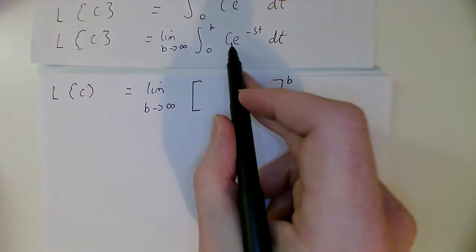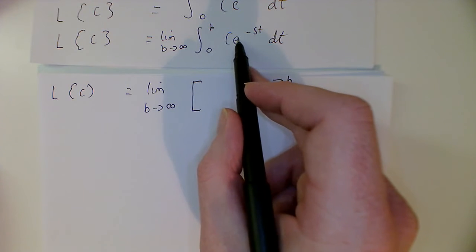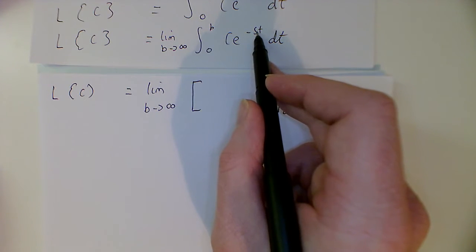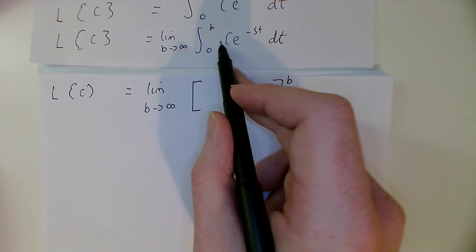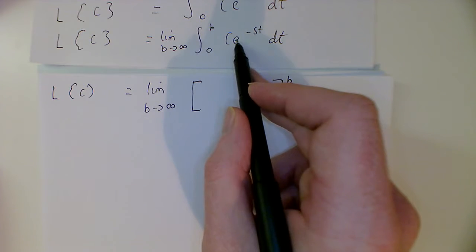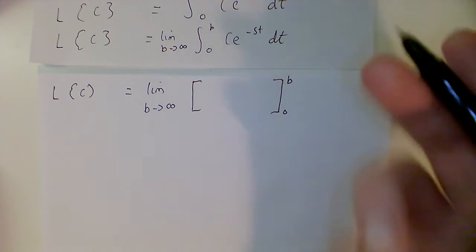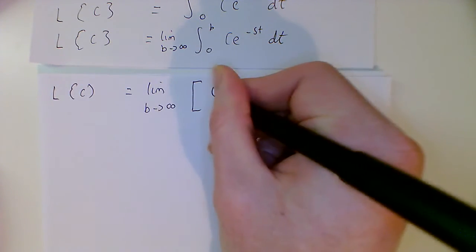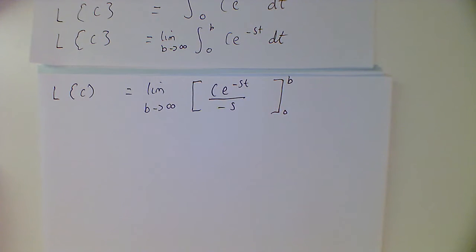Right, now if I integrate this, the standard integral tells you that c is just a number. I'm integrating with respect to t, so if it was differentiating, the number in front of the t would multiply it, but when we're integrating, whatever's in front of the t goes underneath and divides it. So that's c e to the power of negative st divided by negative s. That's a standard integral.